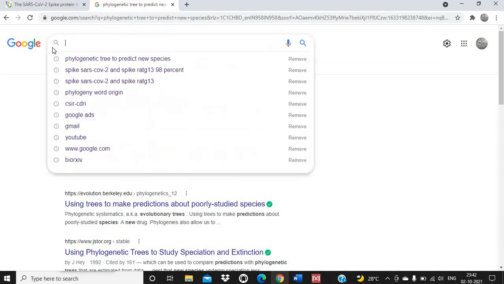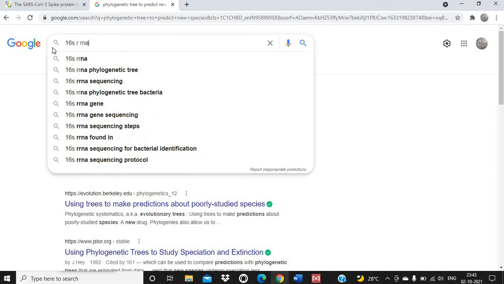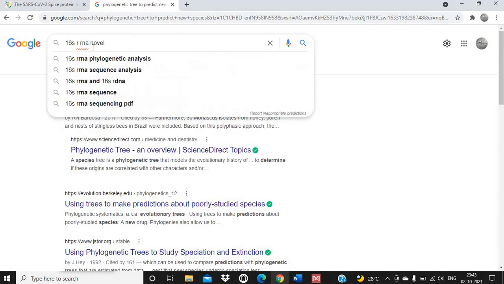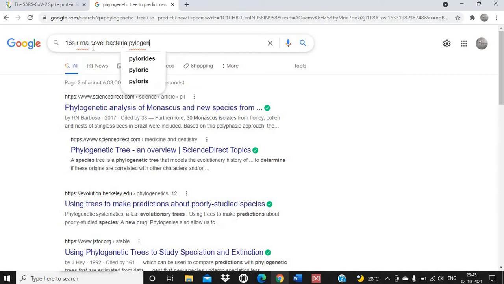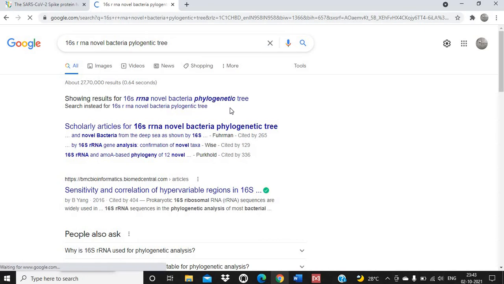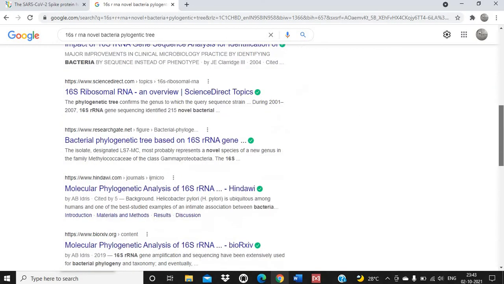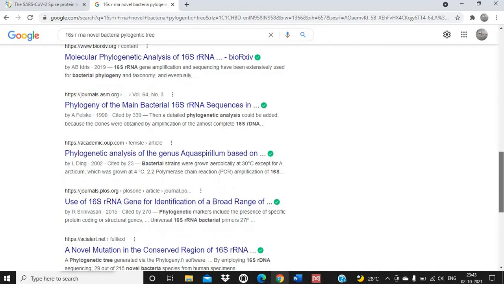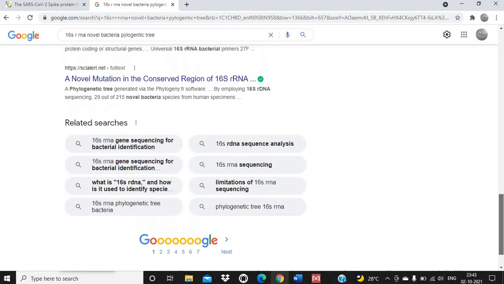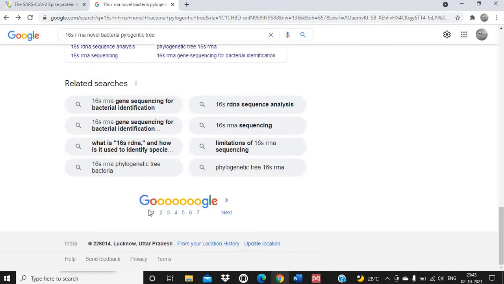So you can see this. So basically, we can identify a new strain.